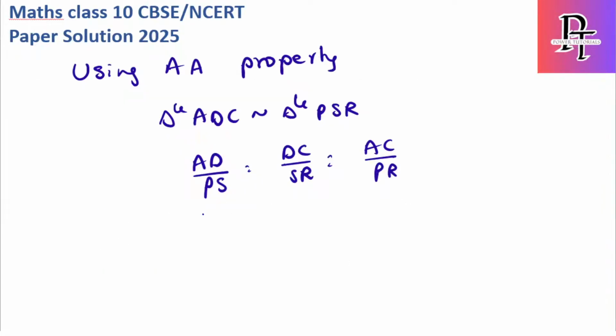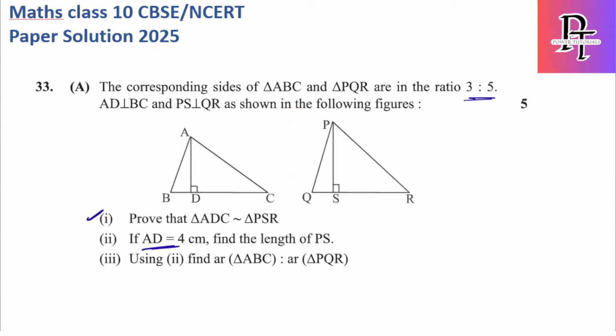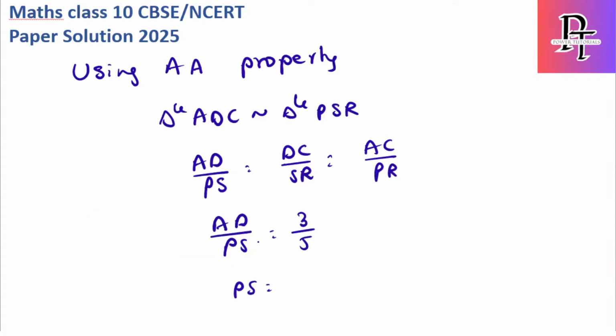So I have AD by PS, I need to get PS. AC by PR I have from 1, it is 3/5. So for PS I will write AD is 4, they have provided in the question. So 4 into 5/3, which is 20/3, is the value of PS.